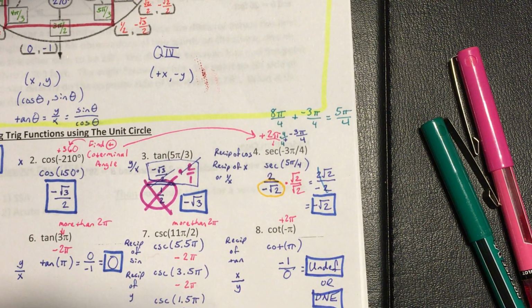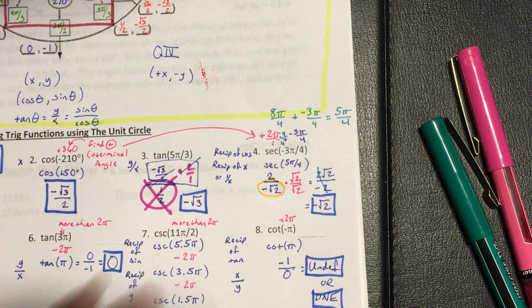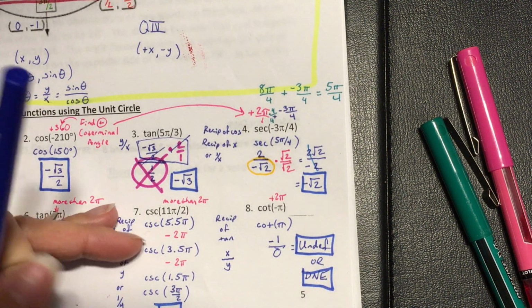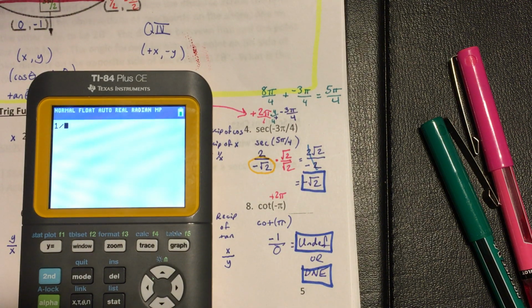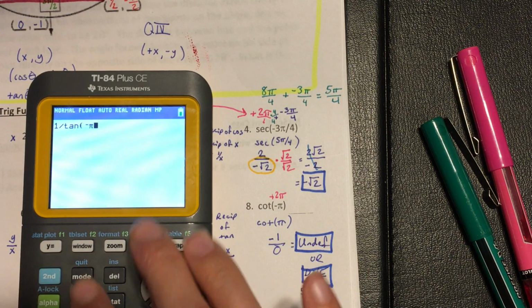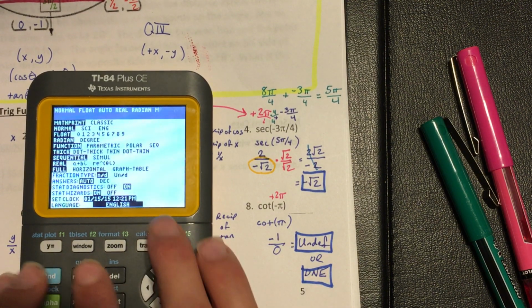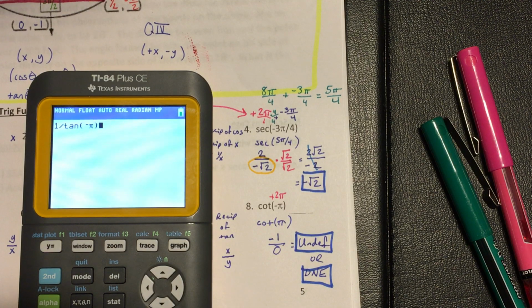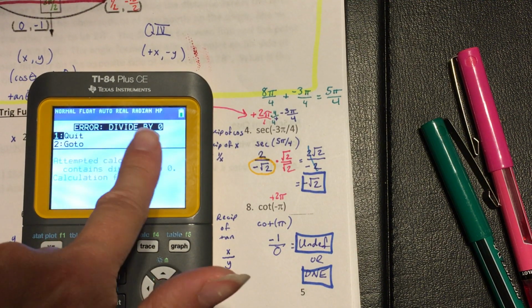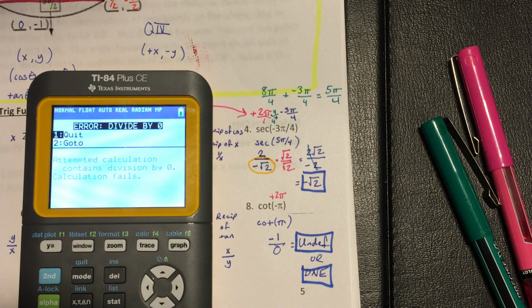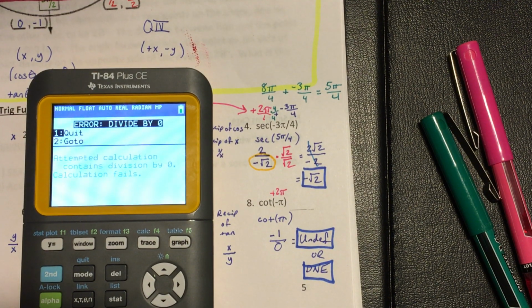And folks, just to show you that you could check yourself on your calculator for this one, I would need to do 1 divided by the tangent of negative pi. Ooh, and I should probably check my mode. Yep, I am in radians. Good for me. So 1 over tangent of negative pi, we get error dividing by 0. So that shows us on our calculator that it is also undefined.